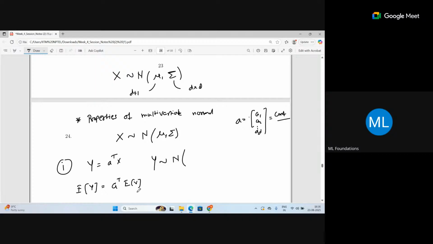What is expectation of x? Mu. So it will be a normal distribution with mean a transpose mu, and the covariance will be a transpose sigma a.